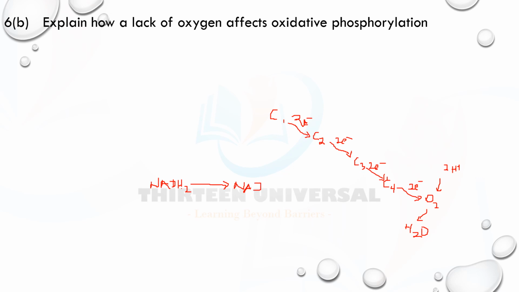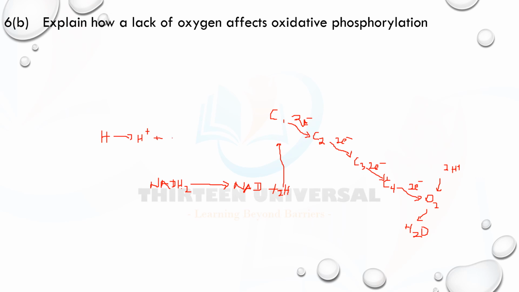The hydrogen is donated to the electron carriers, and what the carriers do with the hydrogen is split it into proton and electron.